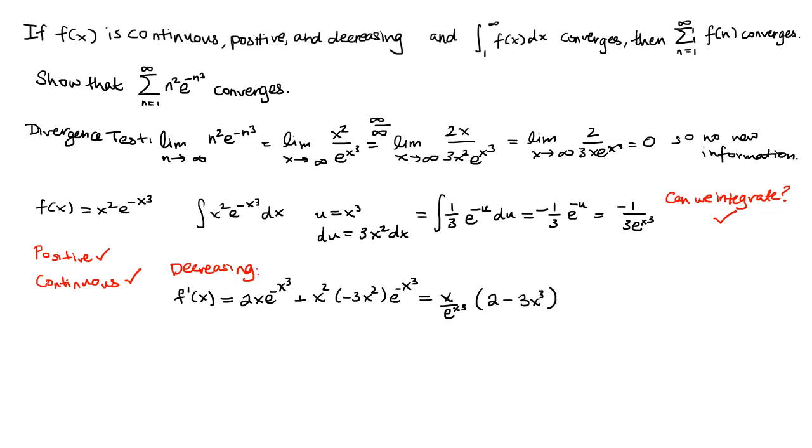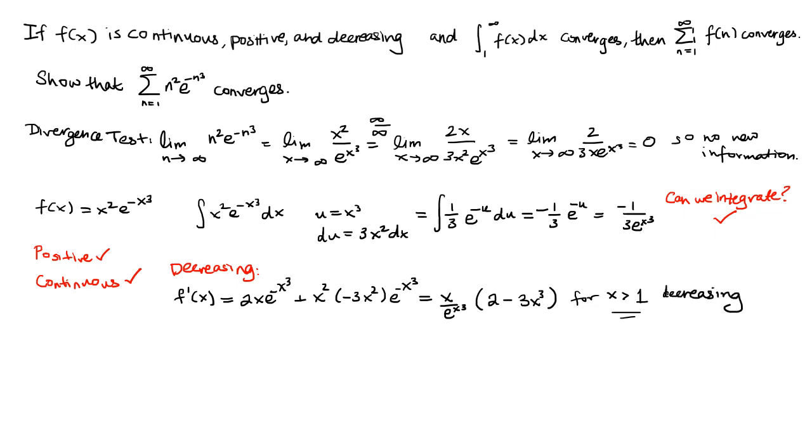Okay, so for x greater than 1, actually for x greater than the cube root of 2/3, but we don't really care what that is. As long as when x is greater than 1, this is decreasing.